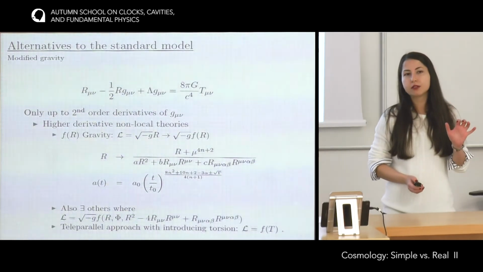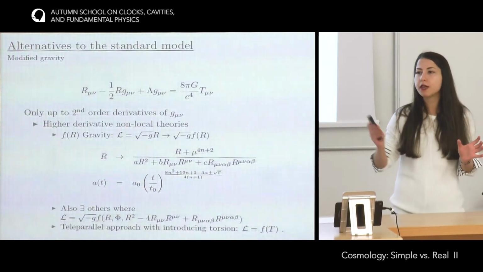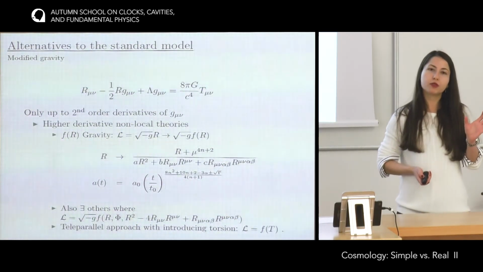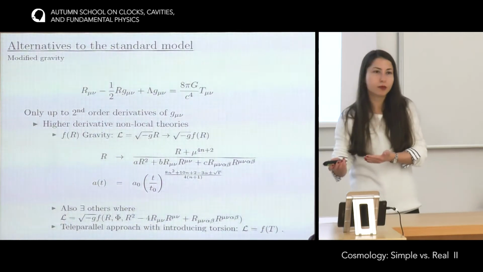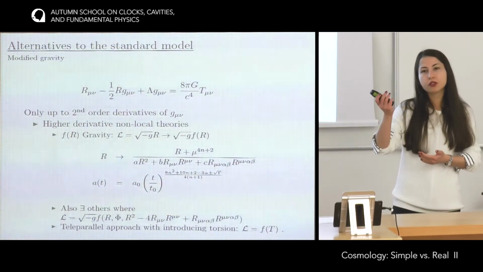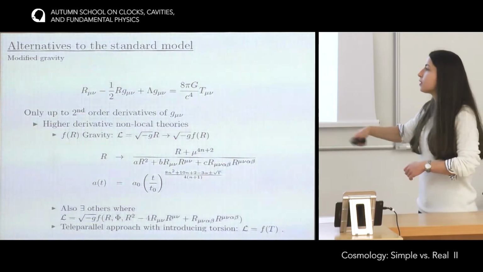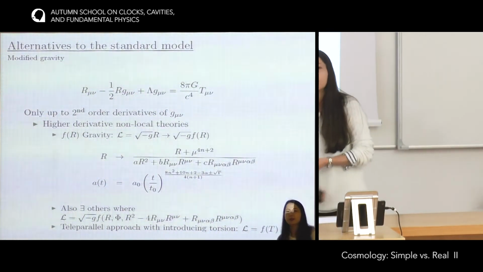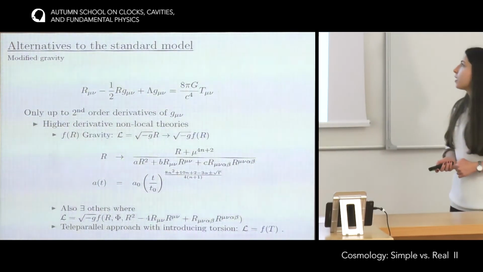The Riemann tensor, the curvature tensor, has certain properties, and we get this by turning off torsion. But there's another method to have similar physical results. You turn on torsion and you get rid of the symmetries of the Riemann tensor. So this is a teleparallel approach, and you can even modify this teleparallel approach to modify gravity.